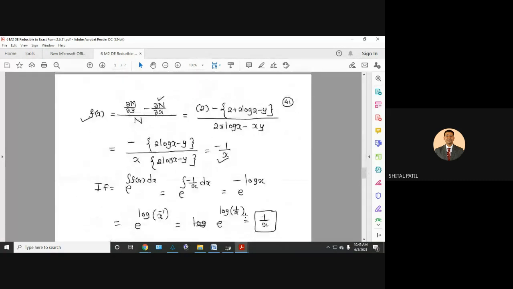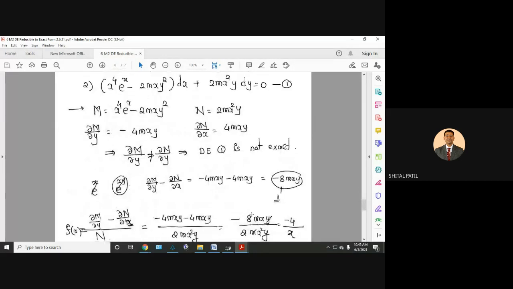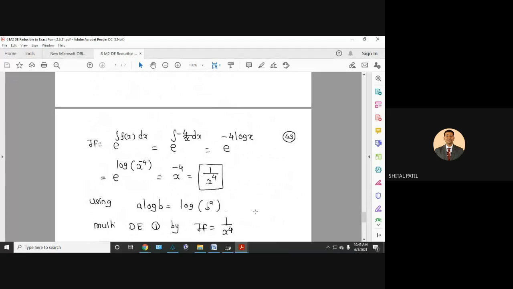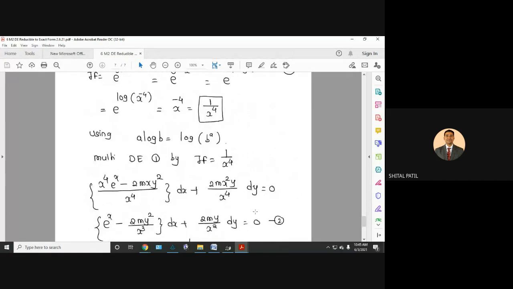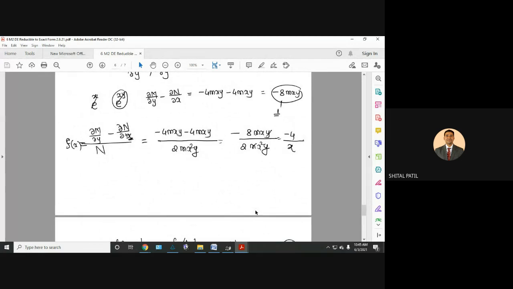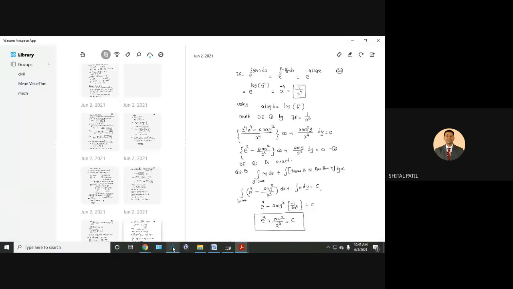Then we solved a few examples yesterday, and we'll solve a few more examples today also. So page number 43, example number 2, 44 now. Let me start.